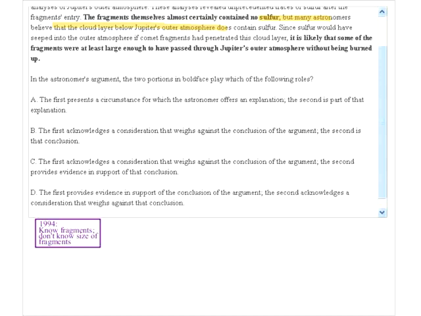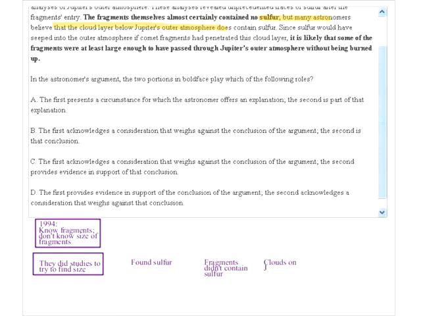But in hopes of gaining some indication of the fragment size, they studied spectrographic analyses. They did studies to try to find the size of the fragment. They found sulfur. Fragments didn't contain sulfur. But many astronomers believe that the cloud layer does.